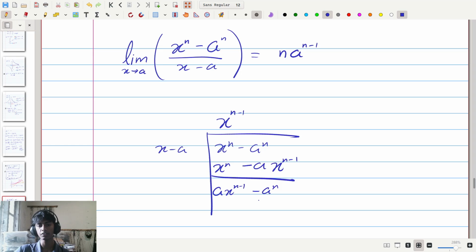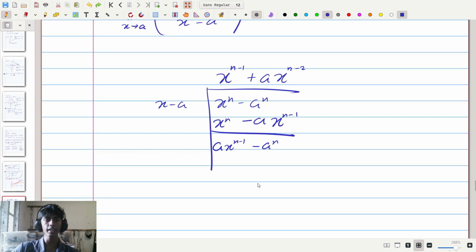Next, we need to try to get rid of this. To get rid of this, we first need to get rid of the highest order term, which is a x to the n minus 1. To get rid of a x to the n minus 1 with an x minus a, we need to multiply x minus a by a times x to the n minus 2. So we have to have a times x to the n minus 2 here. We then multiply that by x minus a and get rid of whatever is left over here.